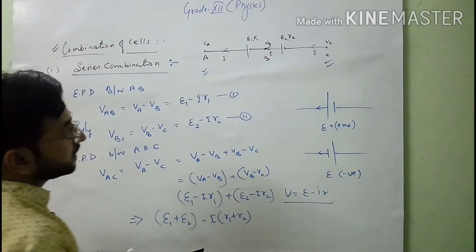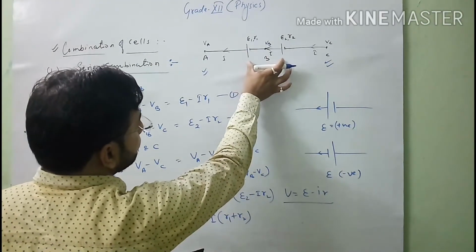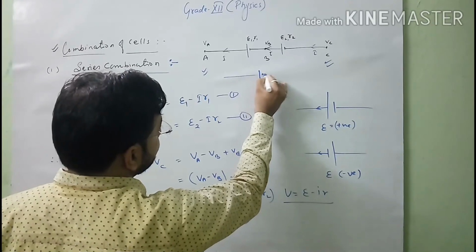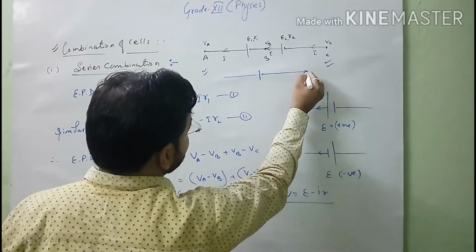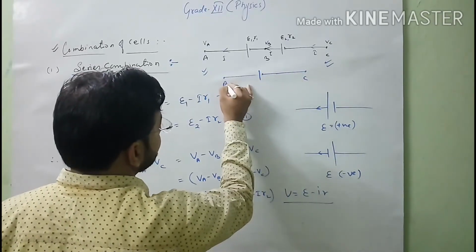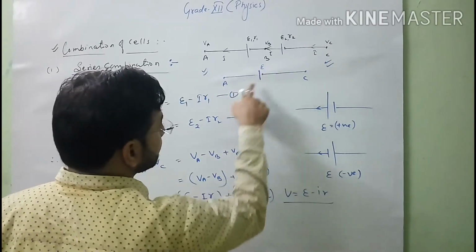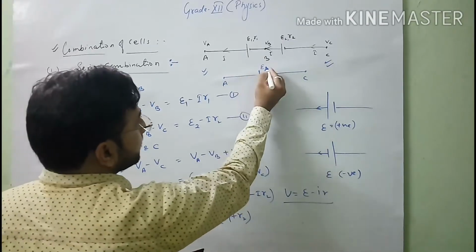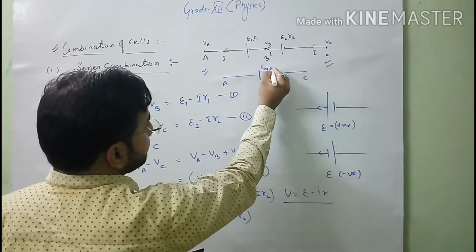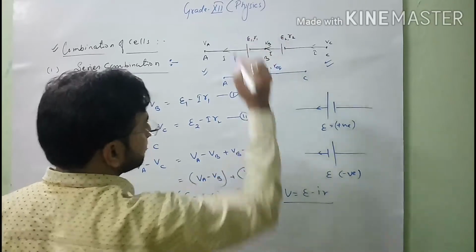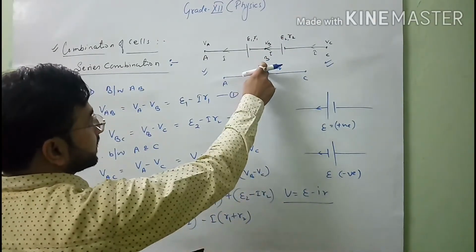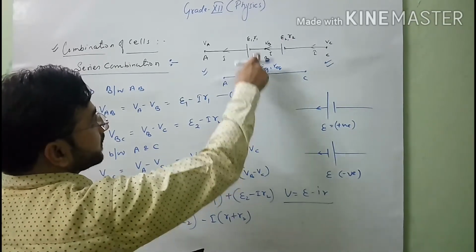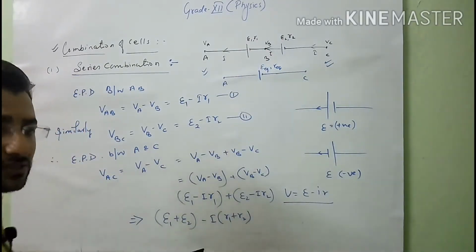When we discuss this condition, we can conclude that this is the diagram of the equivalent resistance of this combination, and I will represent it this way. This is my C point and A point, and here is the EMF of the equivalent cell, and the resistance for this is the equivalent internal resistance. This is the equivalent EMF in case of series combination.